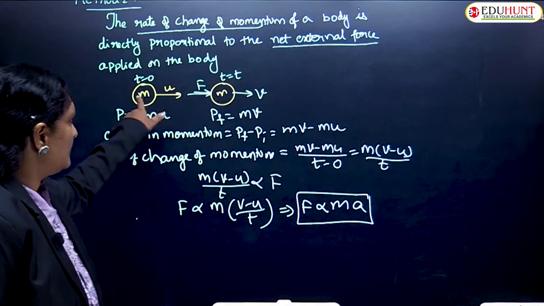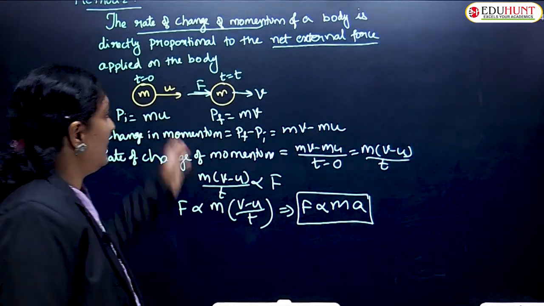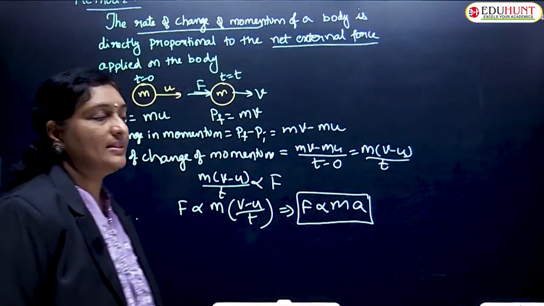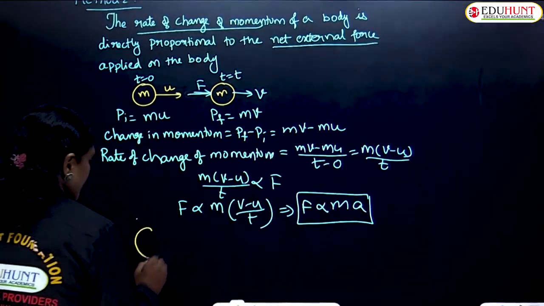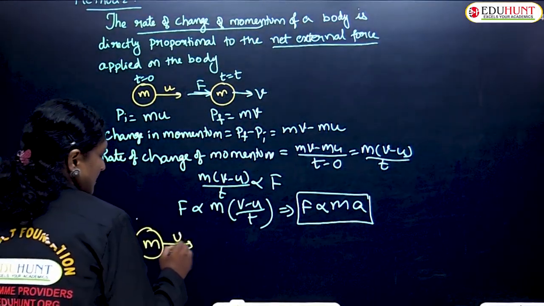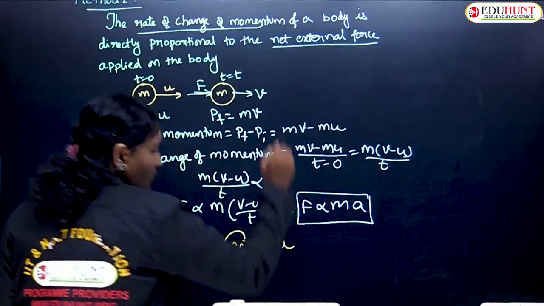Children, let us consider a body initially moving with what velocity? u. Here also, if you consider the body moving with the same velocity, that means the initial velocity is u and the final velocity of the body is also u.